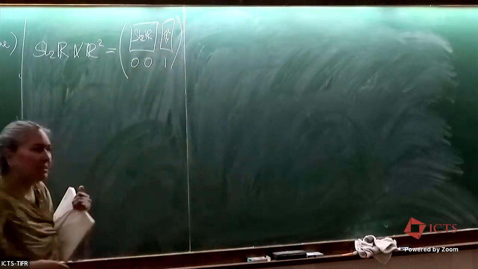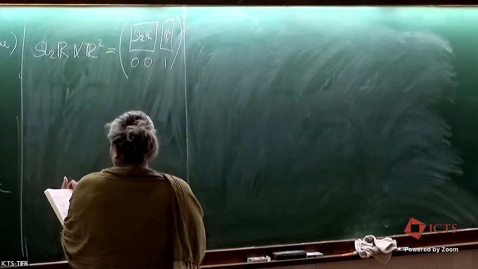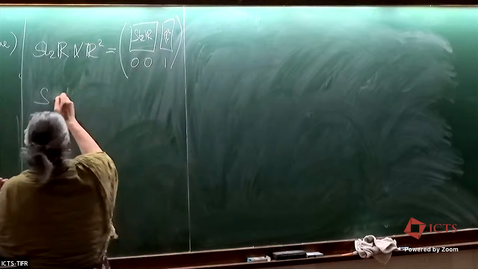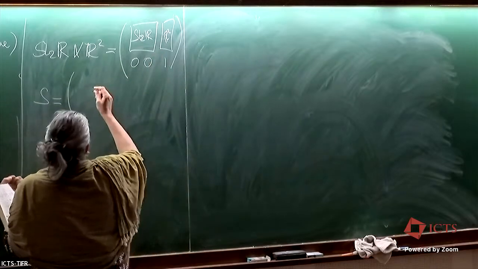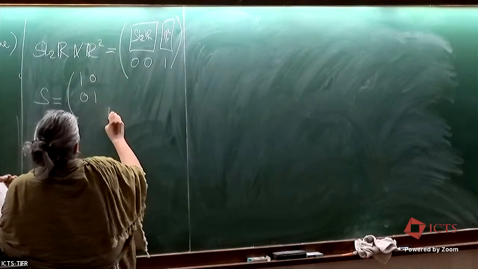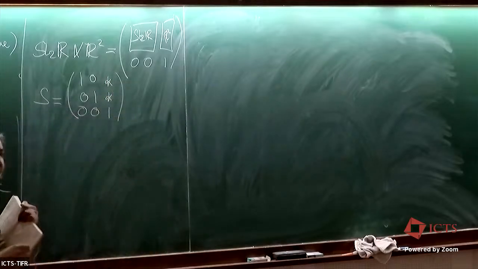And that's your isomorphism. This is how you see your group. Then you can look at this subgroup, S, which has 1, 1, 0, 0, 1, 0, 0. You can check that this is indeed a subgroup.